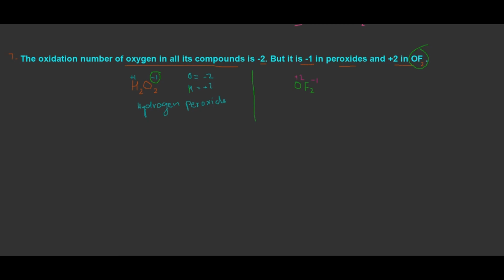So whenever it forms difluorides, oxygen has positive 2 charge. Now other than peroxides and difluoride, the oxygen atom will have -2 charge in its compounds.